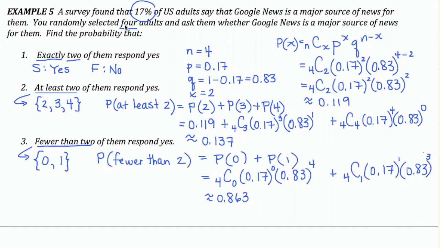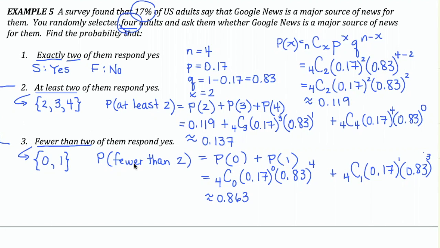Now, you could also have gotten this answer another way. Notice, if I'm taking a survey of 4 adults, the possible number of people who could say yes is 0, 1, 2, 3, 4, meaning my entire sample space has been used between parts 2 and 3.